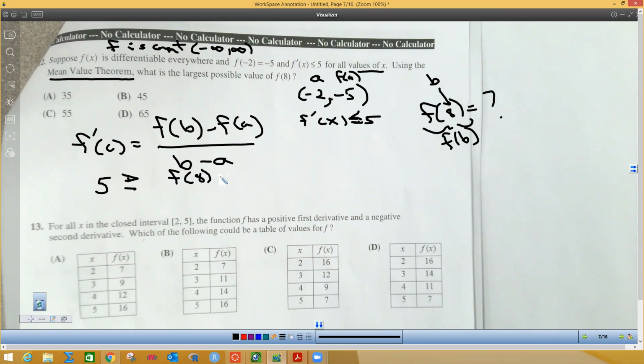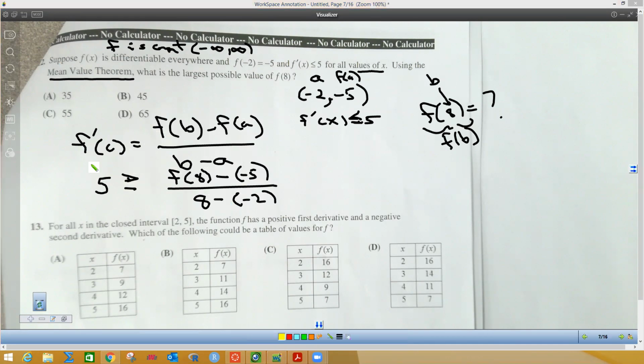So f of 8 minus f of a, which is minus -5, over 8 minus -2. All I've done is plug these things into the formula. Now I have to solve this for f of 8.